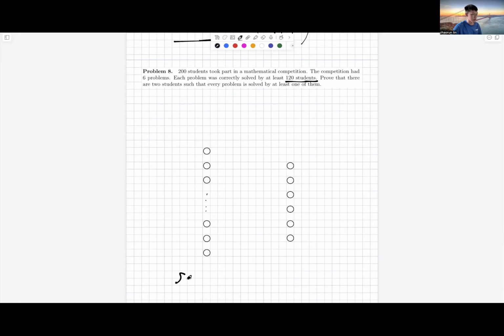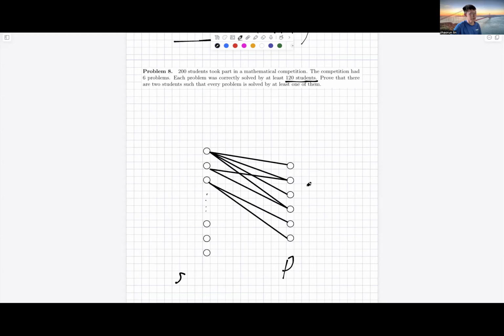On the left side we have students, on the right side we have problems, and if we connect a node on the left to one on the right, it means that this student has solved this problem. So you just randomly connect them.